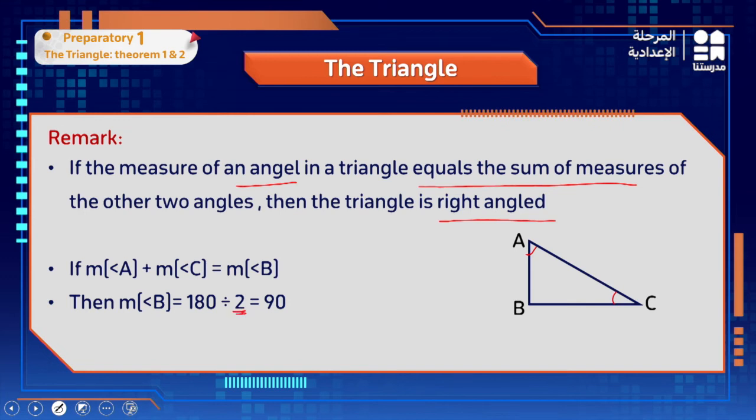Why divide by 2? The other two angles, so which is 90 degrees. And this triangle is right angled at B because already we got 90 degrees.